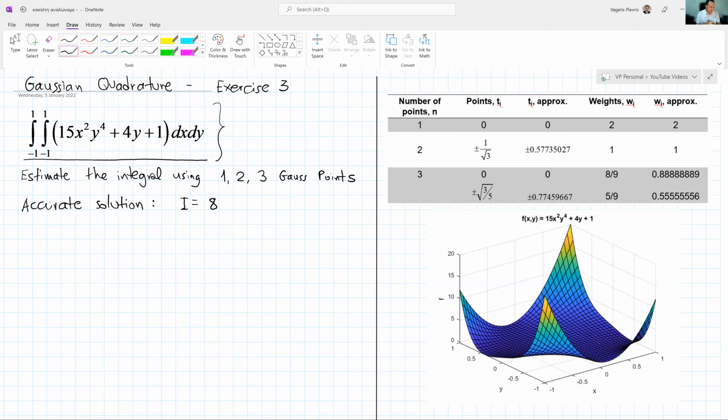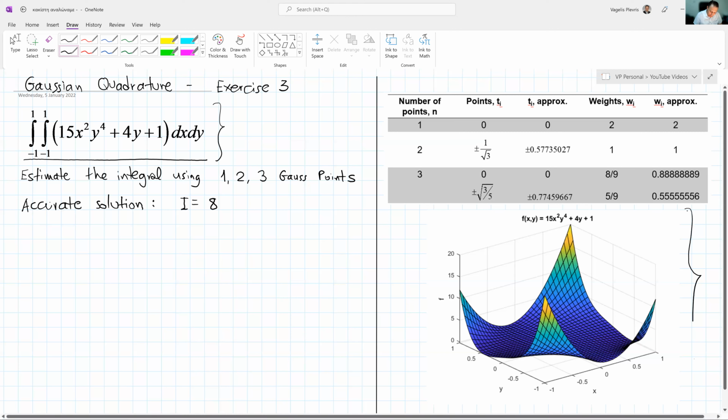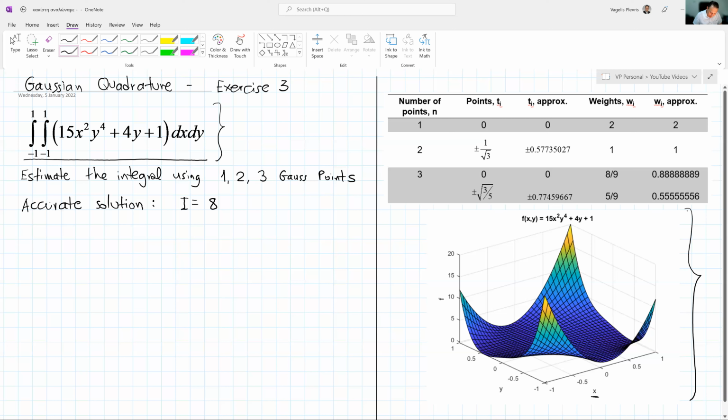This is our function. We have two variables, and here you can see a plot of this function where x is from -1 to 1, and again y is from -1 to 1, and this is the surface that describes our function.